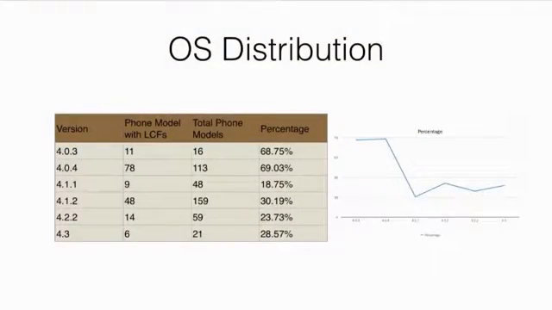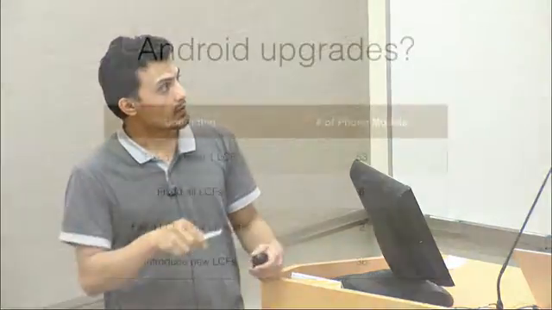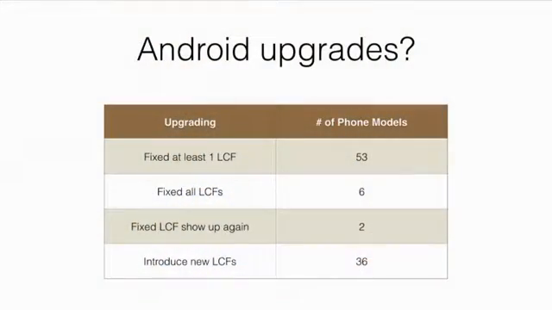This is how different versions of the OS are distributed. Most of them have 4.0.3. The Galaxy S2 phone that we showed has this version, 4.0.3 or 4.0.4. Then we studied the upgrade process, whenever the operating system is upgraded to a new version, whether they solve this problem or not.